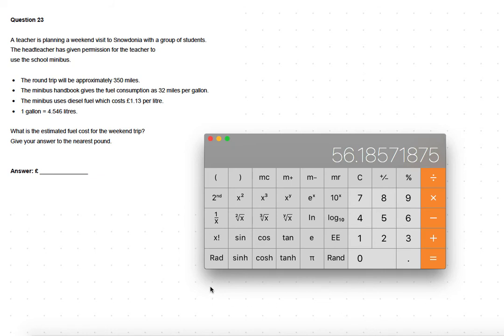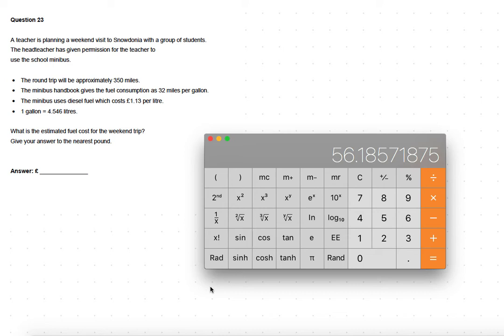Now let's say this question didn't ask us to round it. What should we do? Well, you don't need to be asked to round this question because it's a money question. If you wrote all of that answer down, either in a GCSE exam or in a QTS test, you're not really showing the examiners that you actually understand what your final answer is.